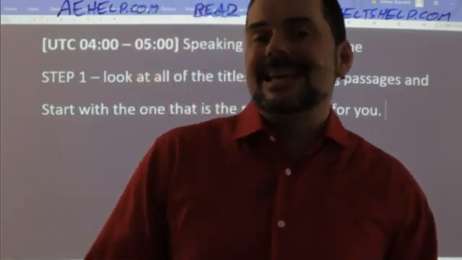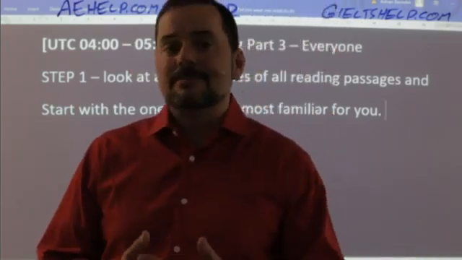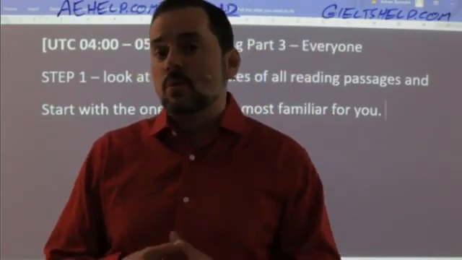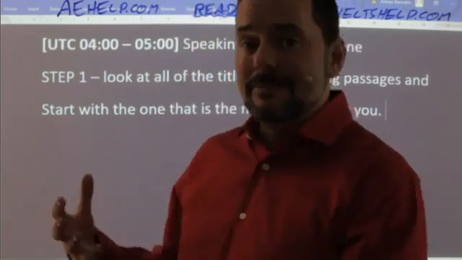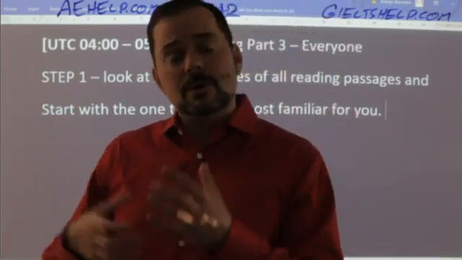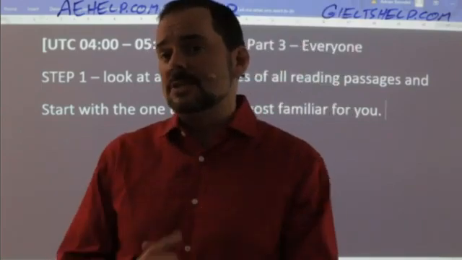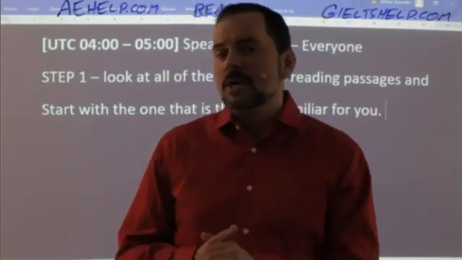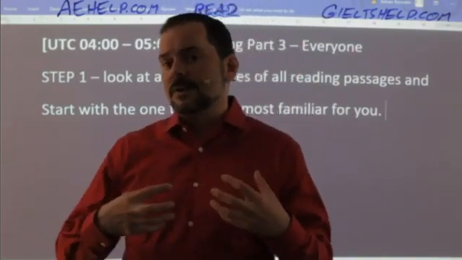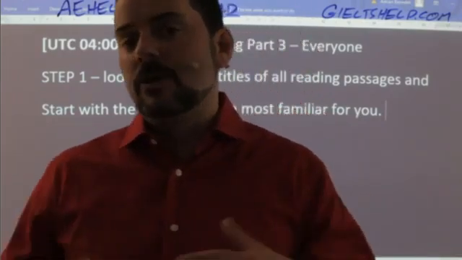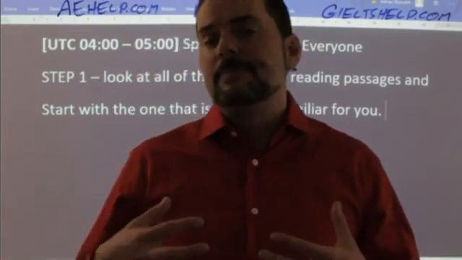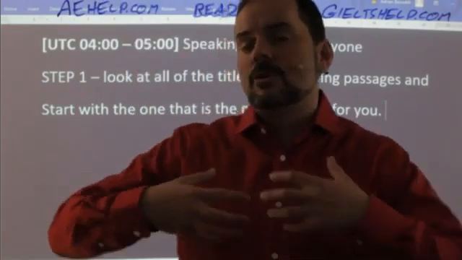So let's say that you're majoring in mathematics and one of the reading passages, passage 3, is something about learning math, then you might want to start with that passage. It could be easier. Does everybody get that? So start with the topic that you feel is the closest to what you have been learning or experiencing in your life, because that will give you more confidence.